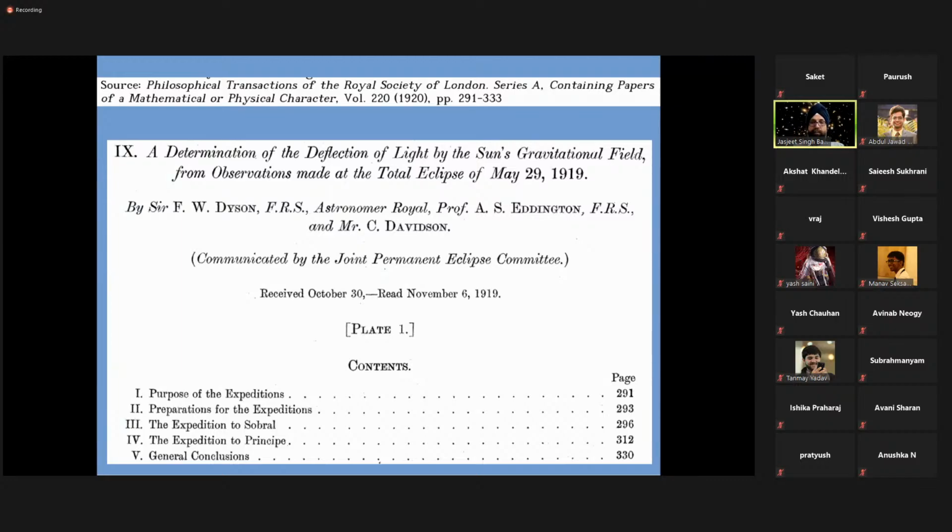As you can see from the contents, it goes to great lengths to discuss the purpose of the expedition, preparation of the expeditions, the individual expeditions and what happened over there, and then it goes on to do calculations and present results. So those of you who are interested in the history of astronomy should definitely look this up. It's a wonderful paper to read.